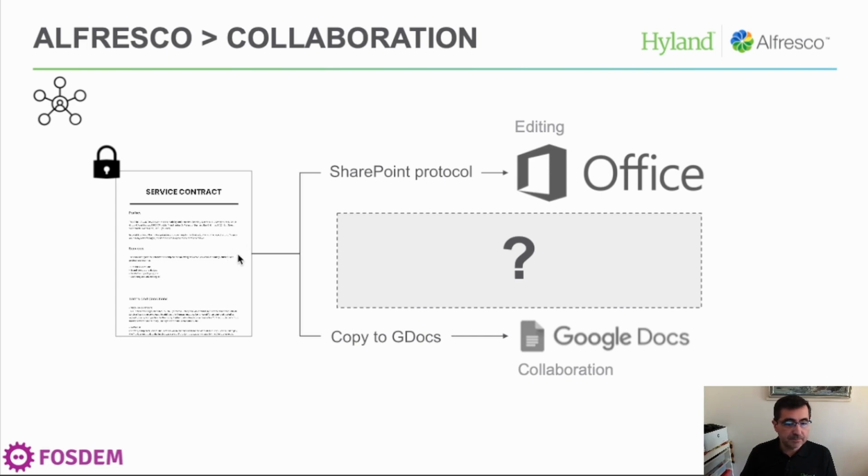By default, Alfresco provides the SharePoint protocol that can be used with Office to edit these Office documents. We also have support for Google Docs, so we can copy the document to Google Docs, edit it there, and it comes back to the Alfresco repository. But there is something in the middle that is not covered.